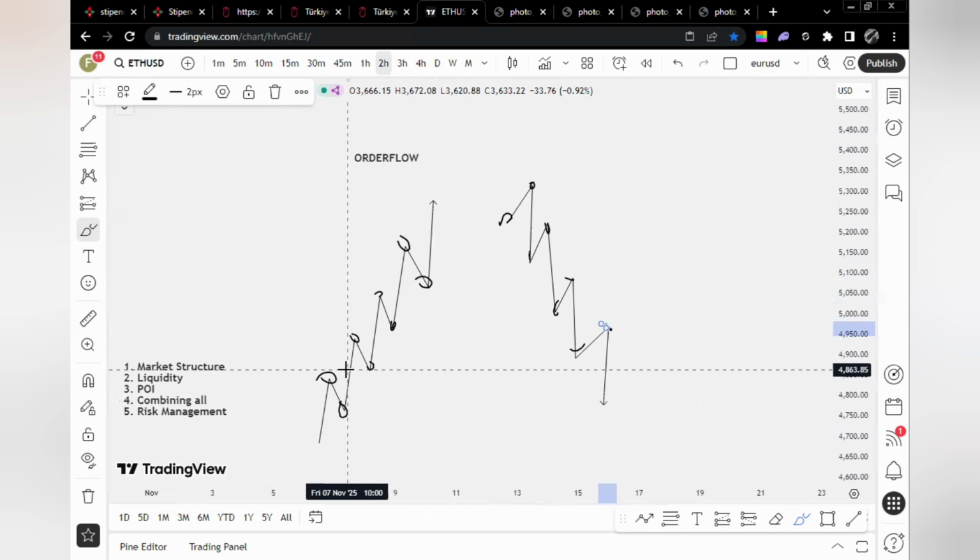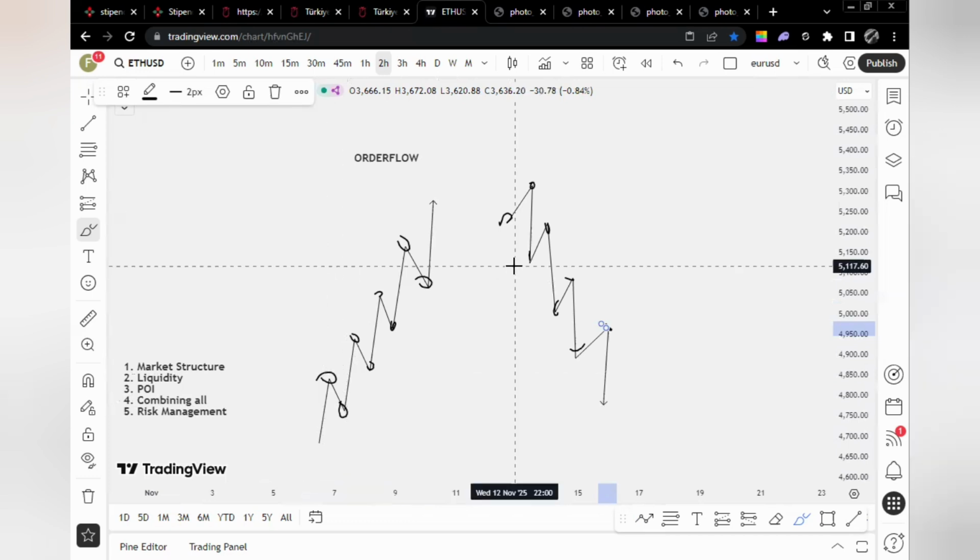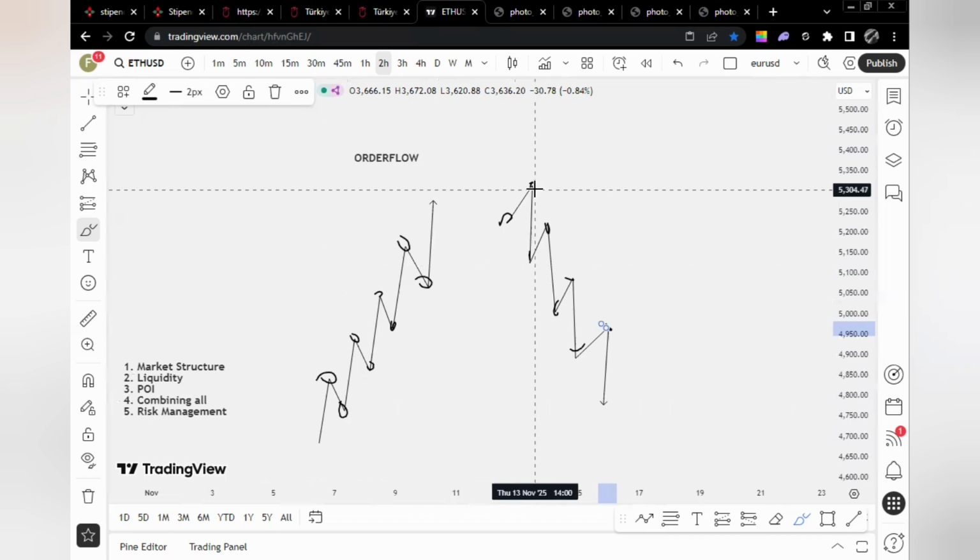Then what kind of higher is it? At the highest point, it is called a higher high. When it drops and gives the lowest point, it's called a higher low. But for a bearish trend, when it goes high, it's called a lower high. When it drops down, a lower low. As simple as that.